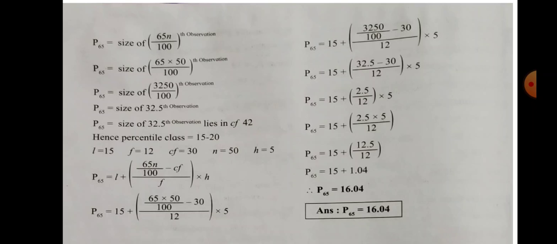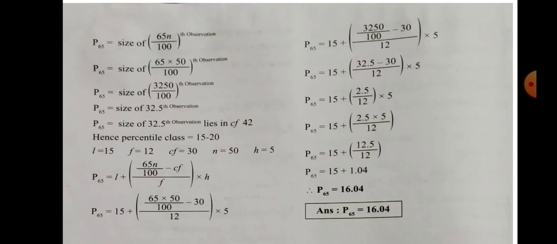Now, how to determine the class for P65? You have to apply your formula: P65 is equal to size of (65 times n upon 100)th observation. In the next step, P65 is equal to size of (65 times 50 divided by 100)th observation, where 50 is the total frequency.